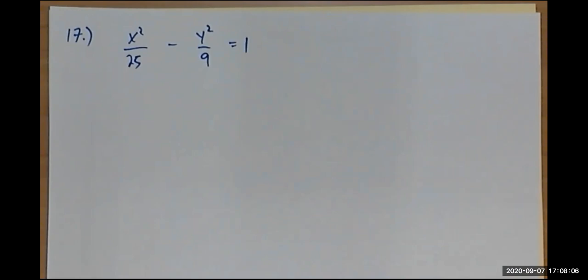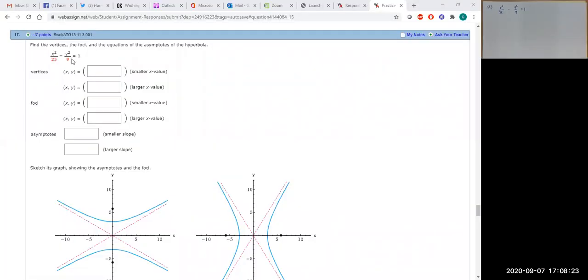But once again, I have to do a little maneuvering here to get it to come up when I share. All right, here we go. So here's this hyperbola equation. They ask for the two vertices, the two foci, and asymptotes.